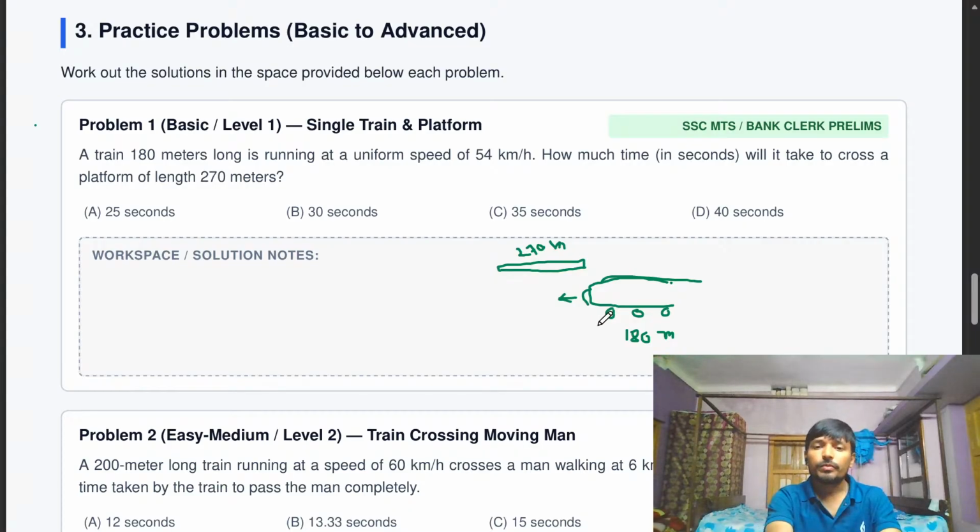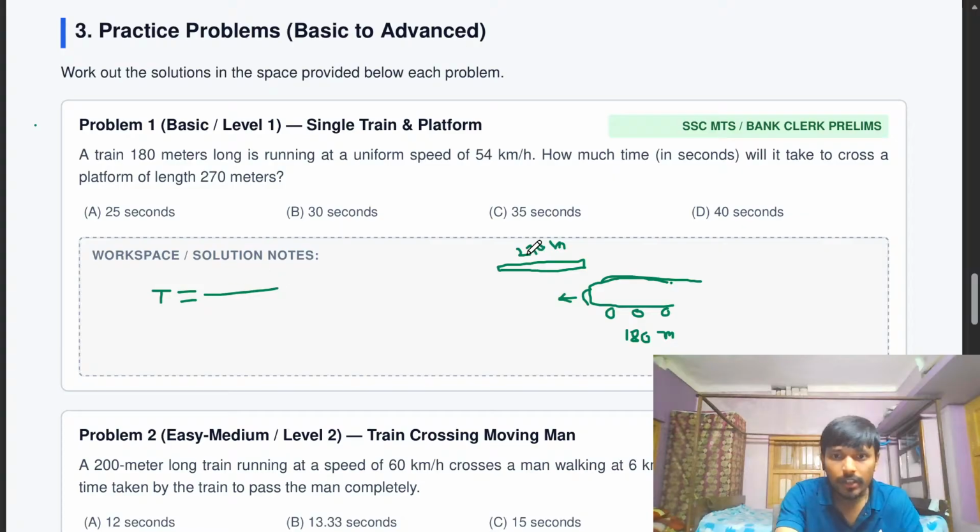Okay, so we know T equals time. Time equals, in this case, the distance covered, meaning the length of the platform and the length of this train.